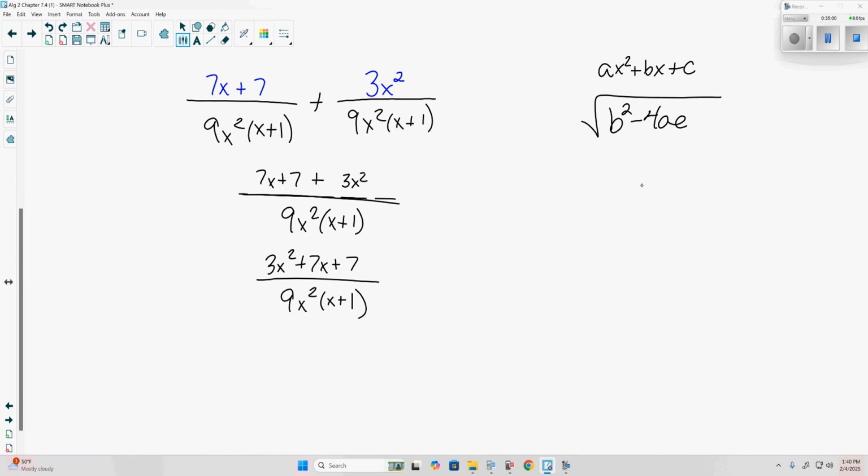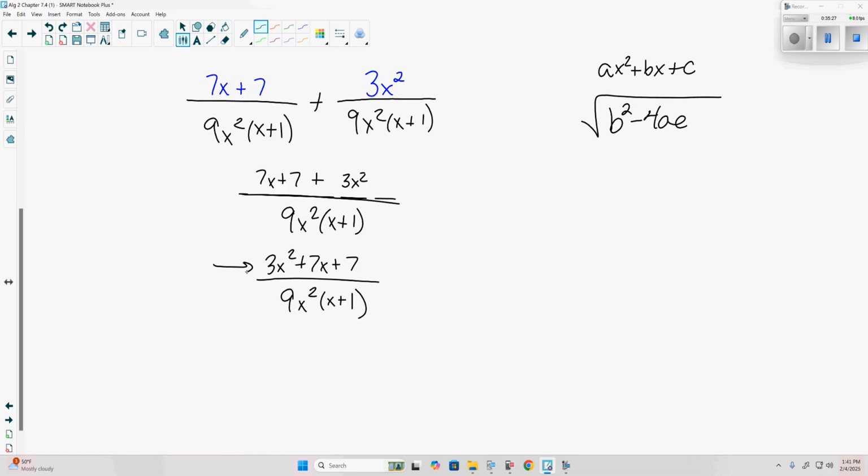Now, if this is factorable, it means the number that comes out of this radical is not going to be negative. It can't have i, because if it has i, it's our imaginary solutions. This won't factor. If this gives me a radical, it means my solutions are irrational, which means it doesn't factor.